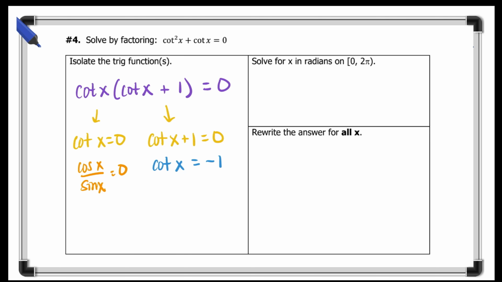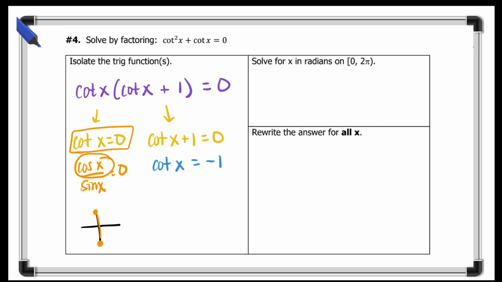If cosine of x over sine of x is equal to 0, cotangent of x would be 0 when my cosine is 0. So you need to think about where on your unit circle cosine is equal to 0. That would be in two locations: at pi over 2, and also at 3 pi over 2. So here is where we have our two angles.